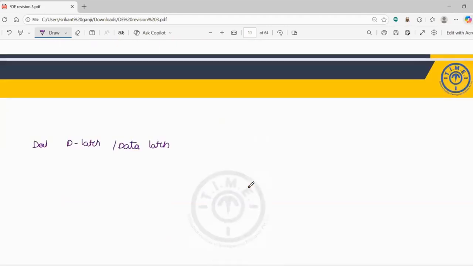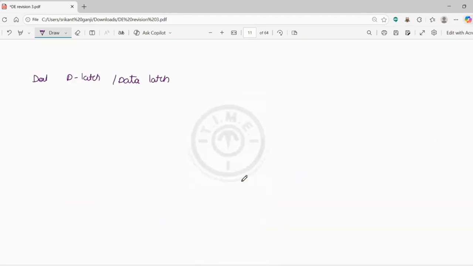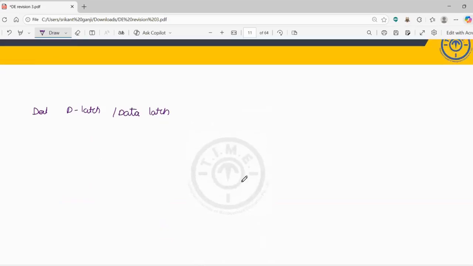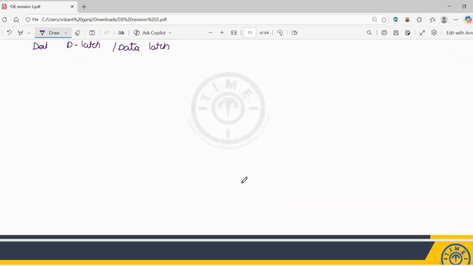So these input conditions can be avoided by making the inputs complement to each other. So this modified SR latch is known as the D latch.